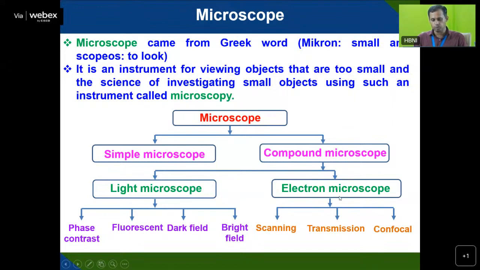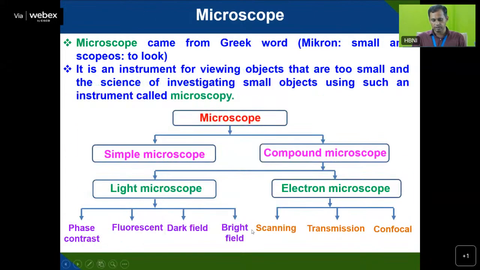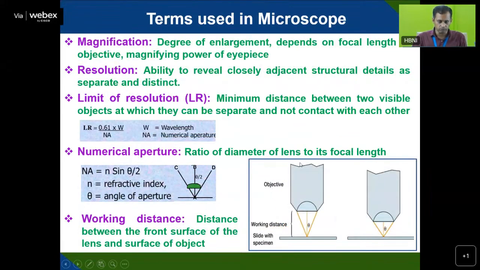In electron microscopes, the majorly used ones are the scanning electron microscope, the transmission electron microscope, and the confocal microscope. These are the commonly used electron microscopes. We will mainly discuss the scanning and transmission electron microscope, and a little bit about the optical microscope.